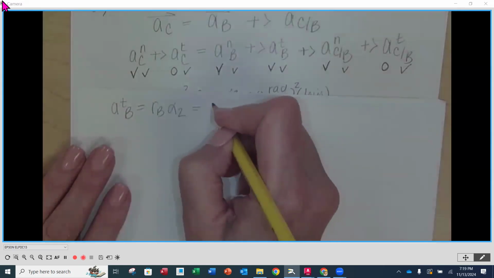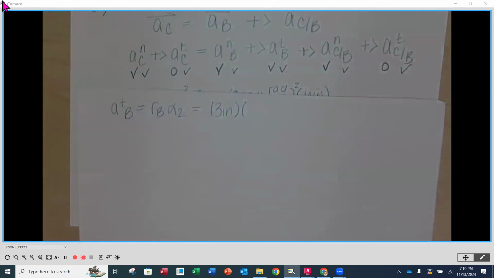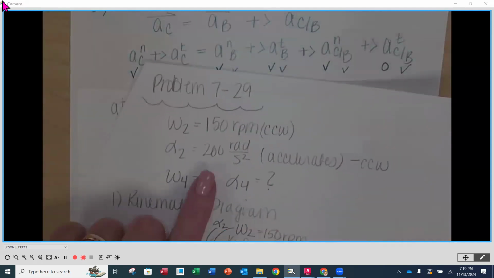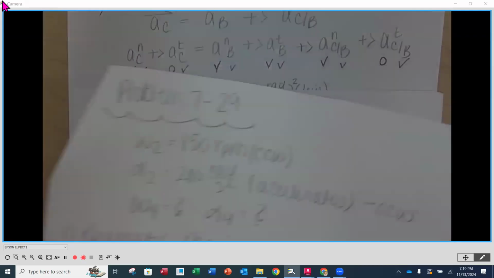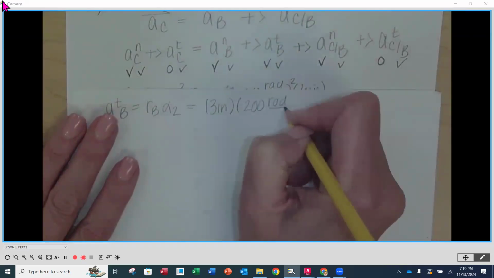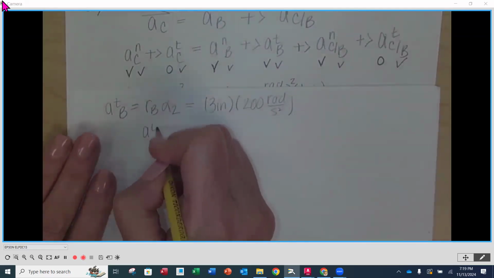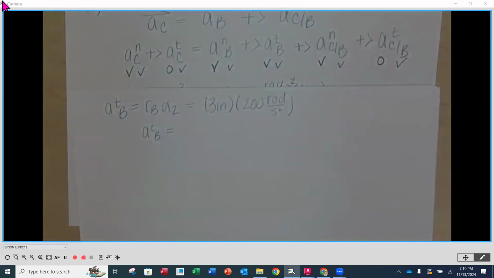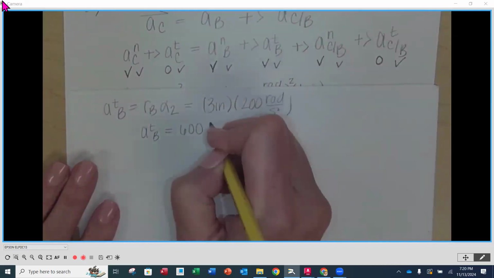The radius to B we know to be 3 inches, and the angular acceleration given in our problem was 200 radians per second squared. And what's nice is it's in the correct units. So my tangential at B, no squares in this one, should be 600, and that's going to be inches per second squared.